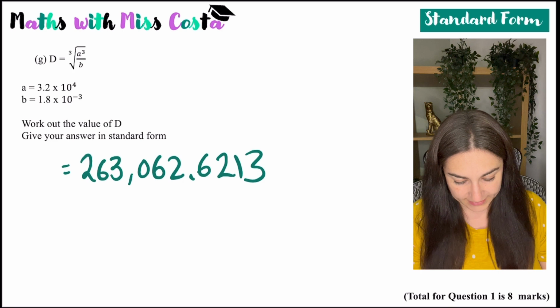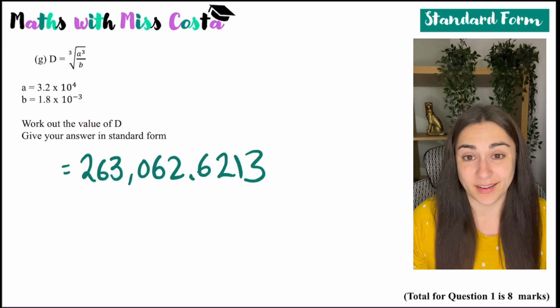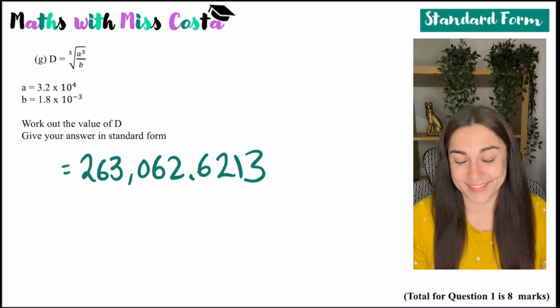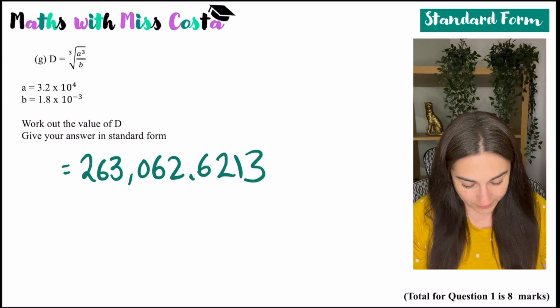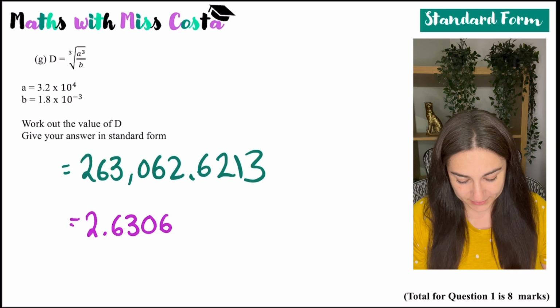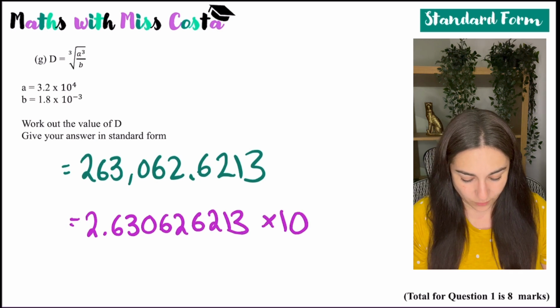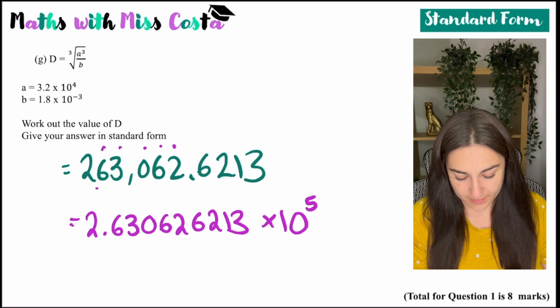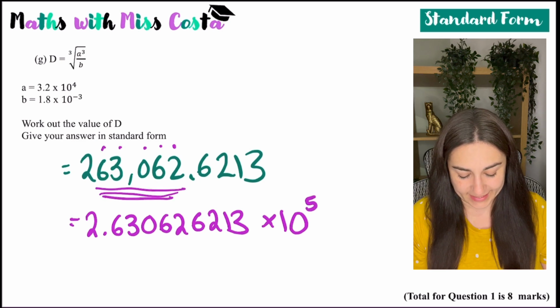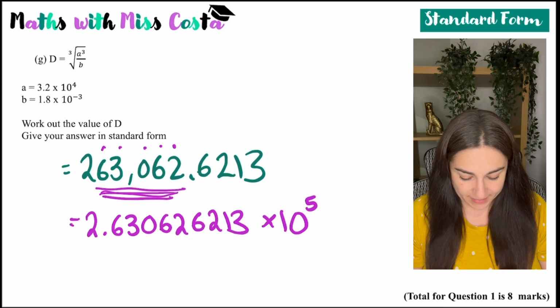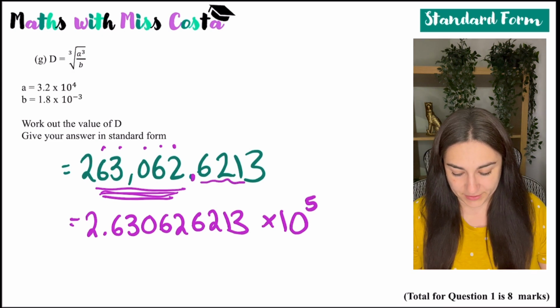It says give your answer in standard form, so this is a bit of an ugly number in terms of it doesn't round nicely. So that would be 2.630626213 times by 10 to the power of 1, 2, 3, 4, 5. So remember the power of 10 is thinking about how big your number is. And even though we've got a decimal, the number continues here.